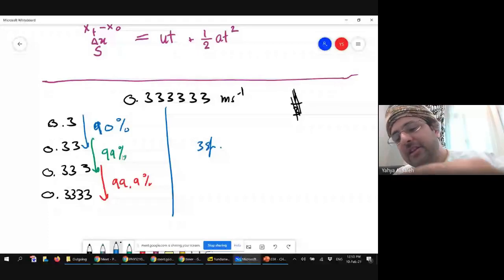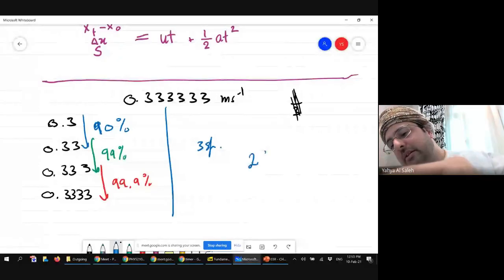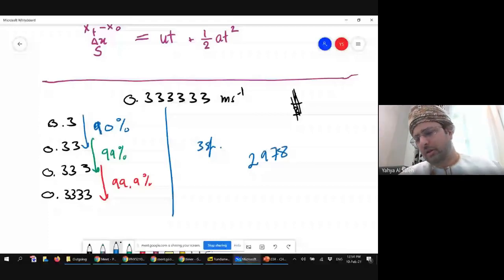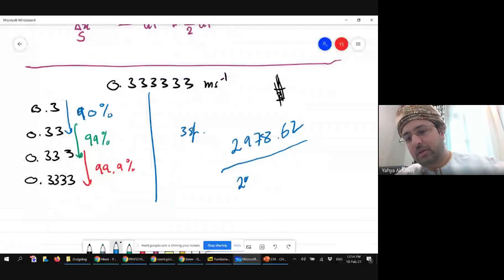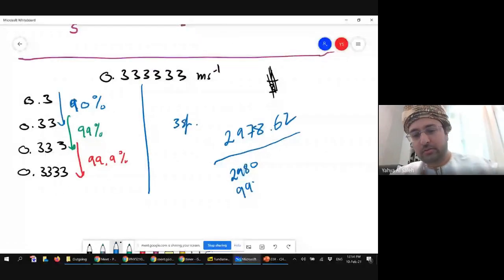So if my answer is, for example, 2978.62, use your common sense. 2980 is not a problem. 2979 is not a problem. But 3000 is a bit off.